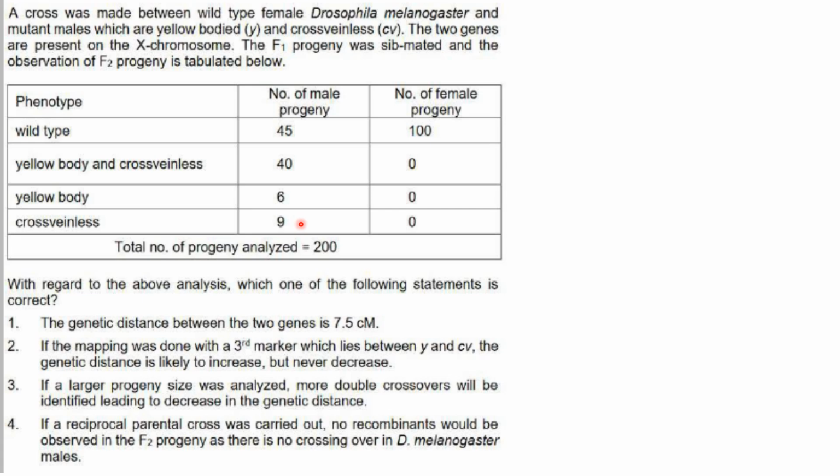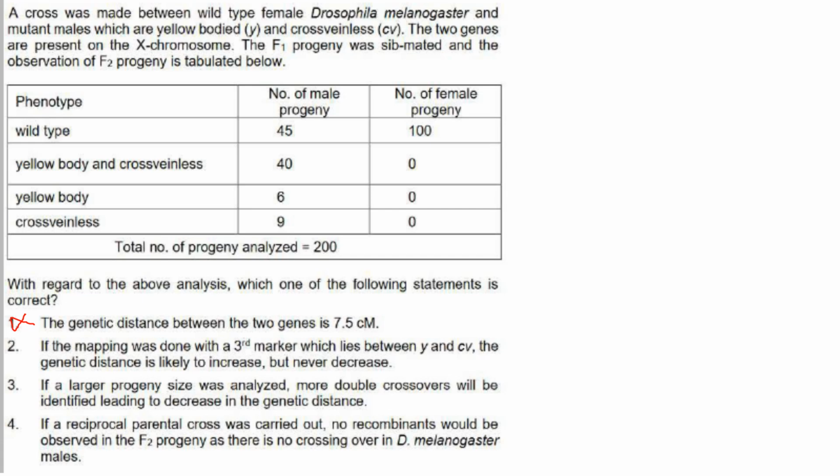So 6 plus 9 divided by 100 into 100 will be 15 centimorgan. So the genetic distance between the two genes is 7.5 centimorgan is not correct.